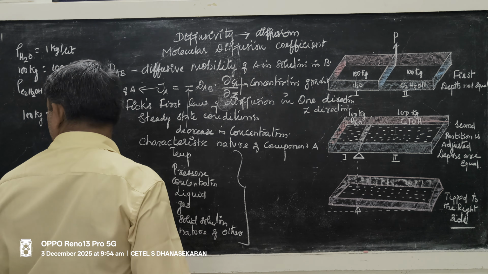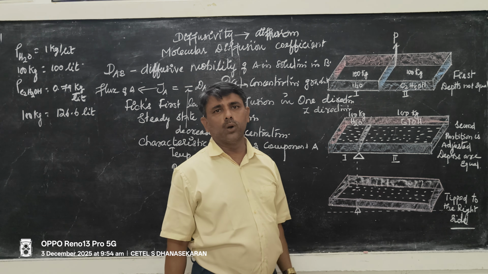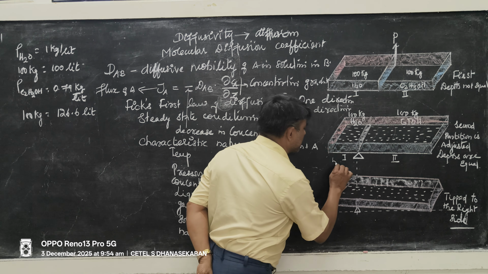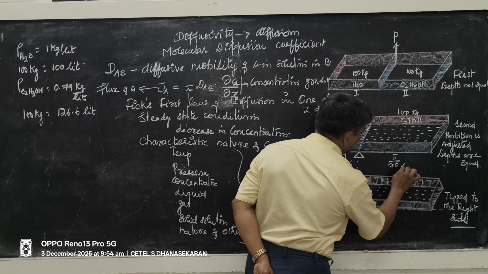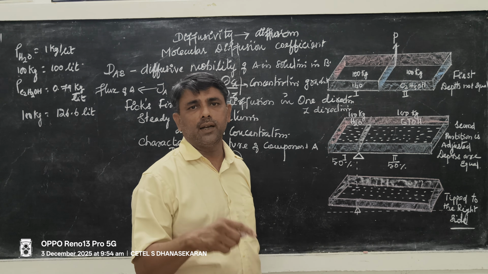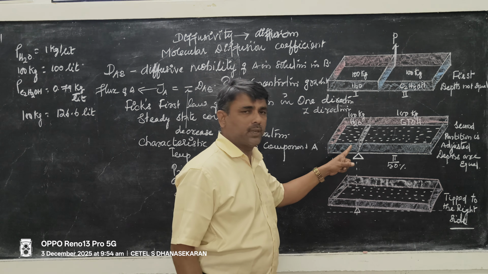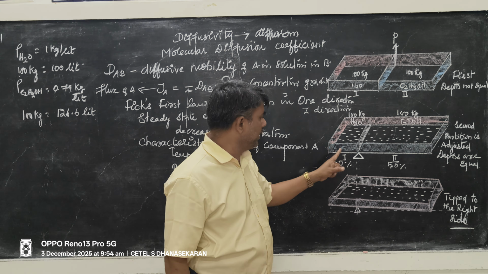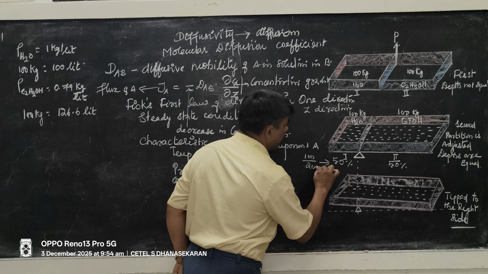Okay, initially 100 kg plus 100 kg, so the total will be 200 kg. A total of 100 kg in water, 100 kg in ethanol. In this portion, mass percentage is 100 divided by 200, hence 50%.